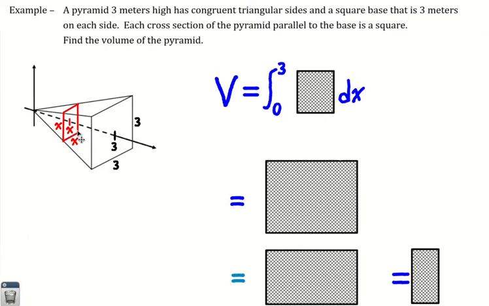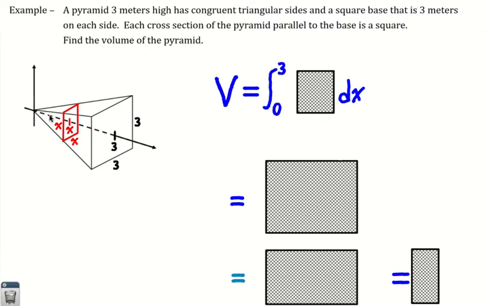I don't want to over-explain this or drag us too slowly through this problem, but just the way this is happening, if you're over here at 3, then the square is 3 by 3. If you drew a square at 2 on the x-axis, then it would be a 2 by 2 square. If you drew a square over here at 1 on the x-axis, it would be a 1 by 1.